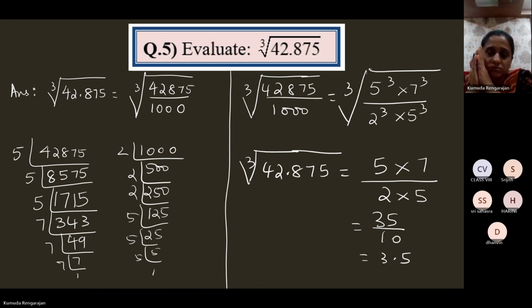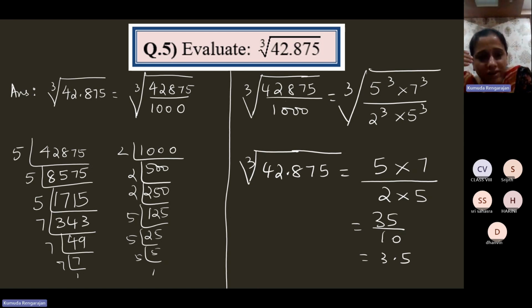Okay, so to find the cube root of a decimal number, you have to write the decimal number as a fraction. To find the cube root, we learn only this method, the prime factorization method. We don't have any alternate method in our syllabus. So there's no choice. You have to work it by the prime factorization method. Write the decimal number as a fraction.